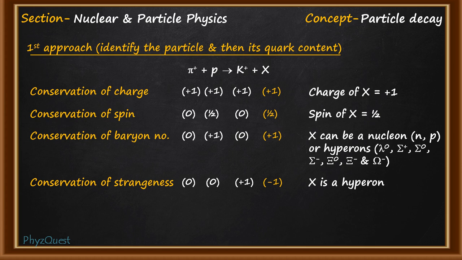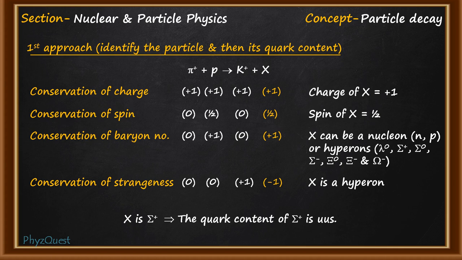If you look at the list of hyperons, the only one with charge +1 is sigma plus. So particle X is sigma plus, and its quark content is u u s. So this is one approach.